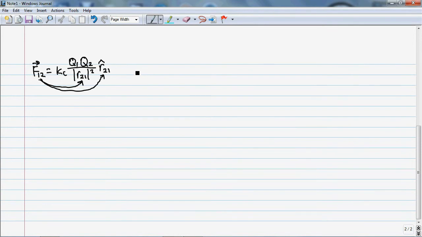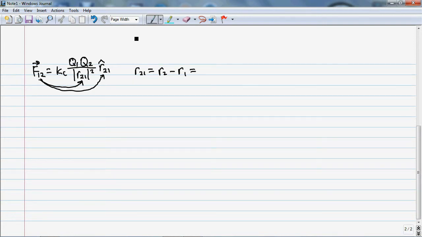So if I have a vector, in this case 2, 1, well that's just r2 minus r1. And let's say I have a three-dimensional vector that I want to know.